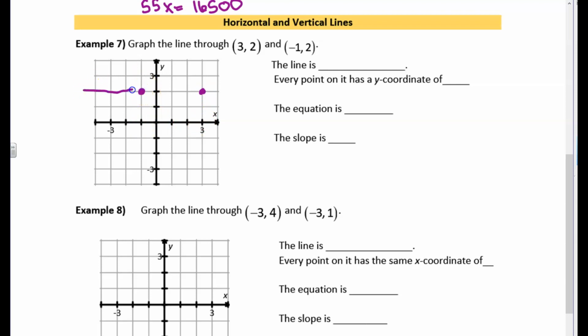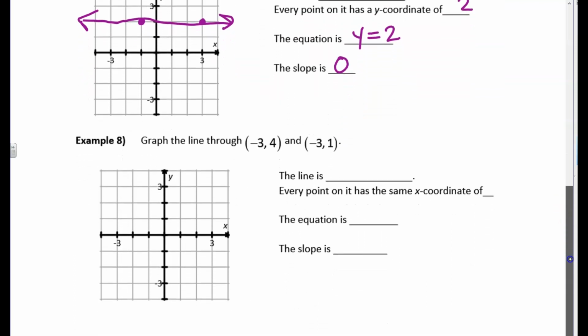When I graph that, and I put a line through those 2 points, we get a perfectly horizontal line. And every point on that line has a y-coordinate of 2. So my equation here must be that the y value always equals 2. That's how we describe that. And my slope here happens to be 0 because the rise is 0 and the run is actually infinite, so we get a slope of 0.